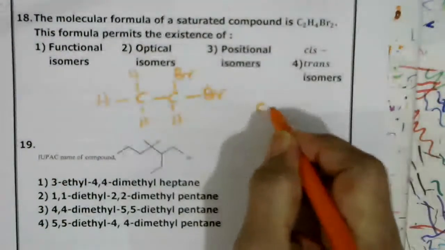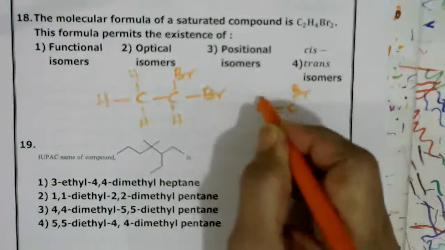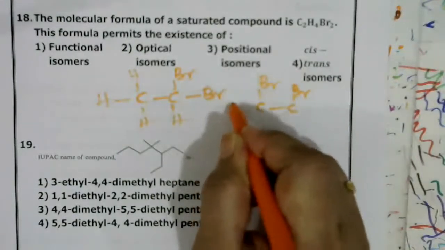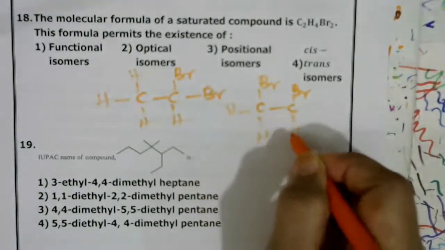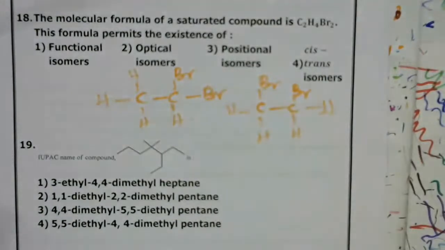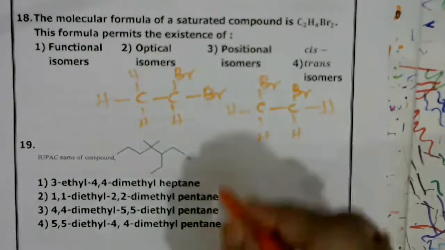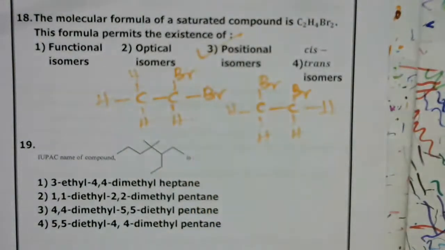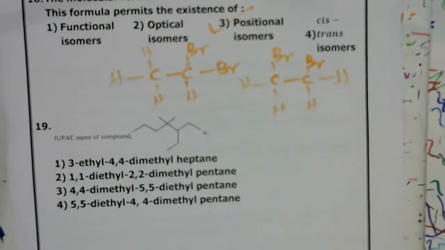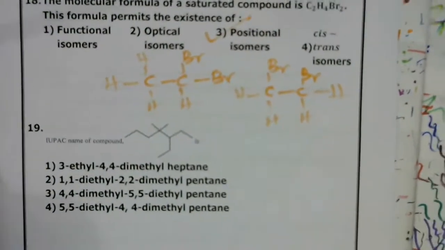We can write one more probable isomer like a vicinal dihalide. These both are what, children? Positional isomers. Third one, they may be 1,2-dibromoethane or 1,1-dibromoethane. We can write it as positional isomer.